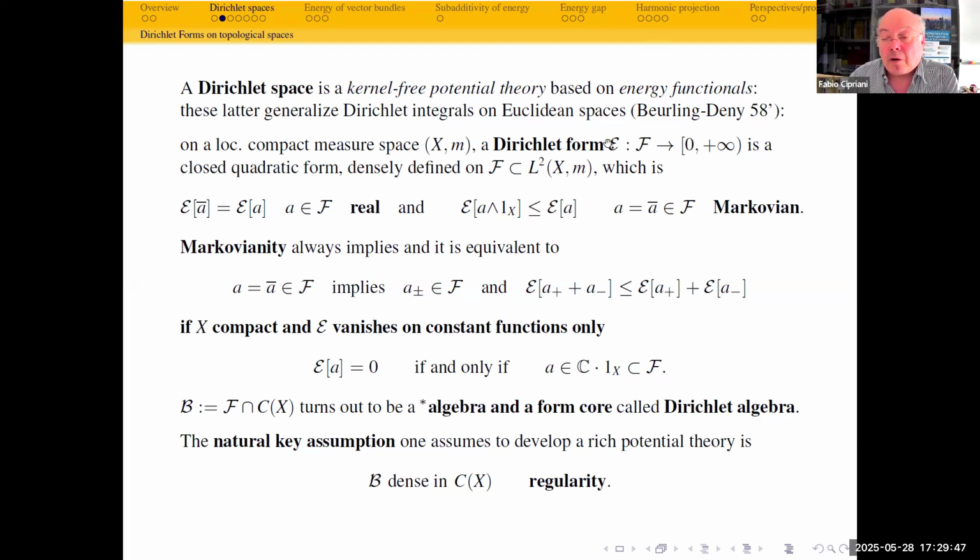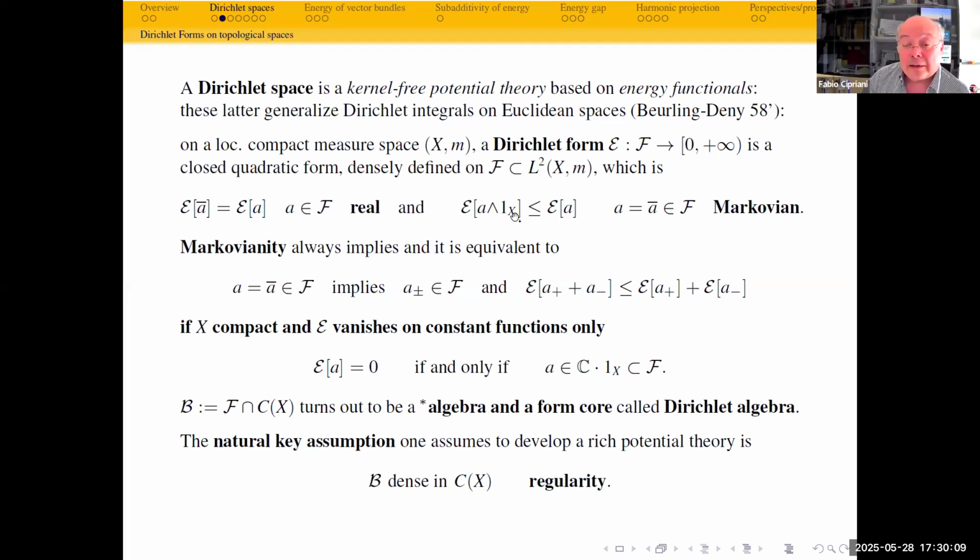So a Dirichlet form, or energy functional, will be a quadratic form on an L2 space, which is densely defined and closed, which is real in this sense, and has this contraction property, which is called Markovianity.